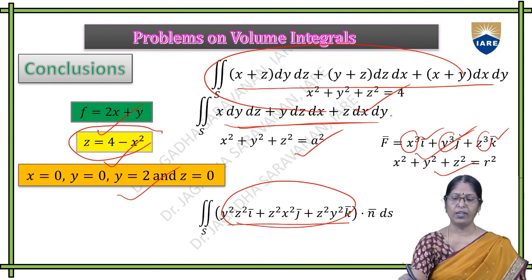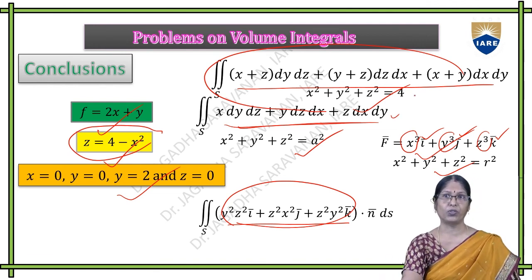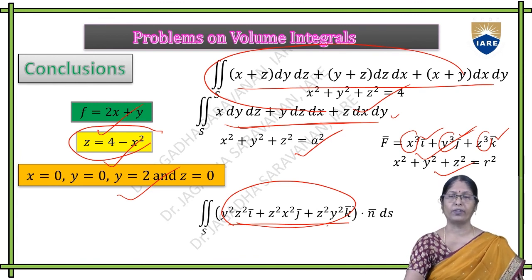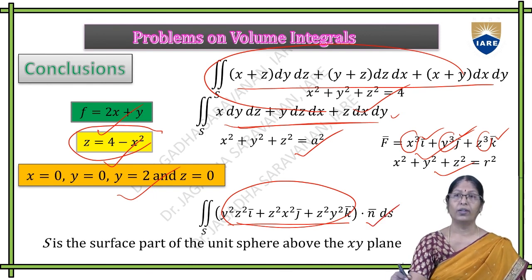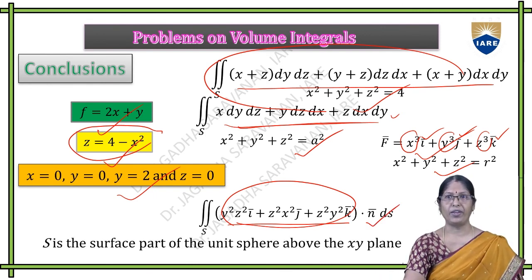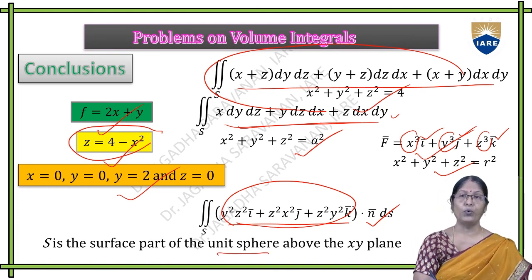Here also, whether the function surface is given in this format or otherwise, we can use our volume integral, which is equal to the surface integral, that is the divergence of the particular function over the volume integral in 3 dimensions, that is dv, which is nothing but dx dy dz, for which here the sphere radius is given as unit, so we can see it is a unit sphere.